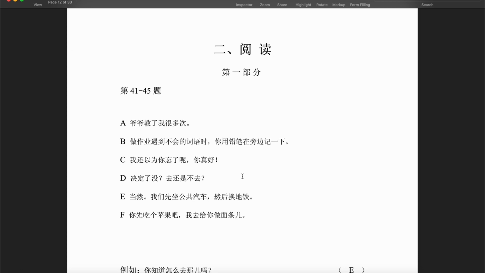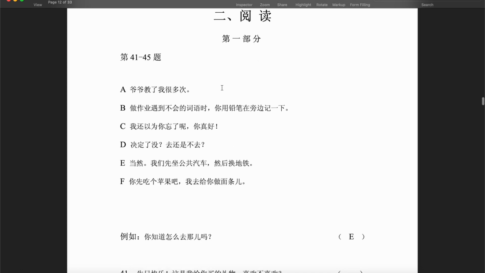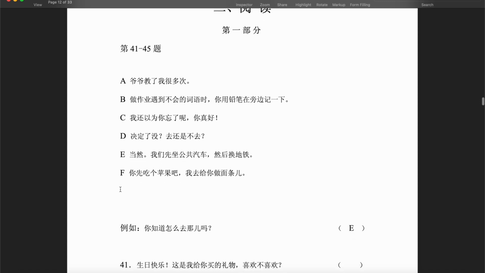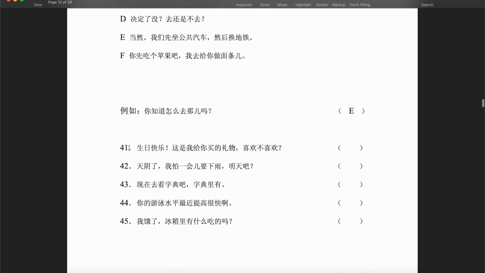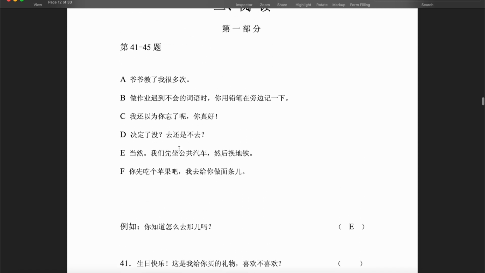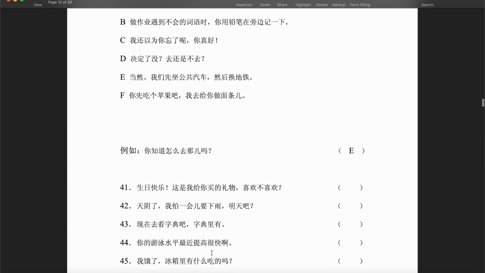In the reading section, the first part has a set of sentences from A to F. Similarly, they have given a few more sentences, that is 41 to 45. So basically you have to match these sentences with those.